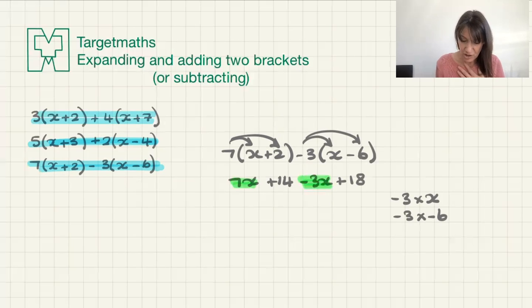Now I'm being told to take away 3. 7x take 3x is 4x. And then in my numbers, I've got 14 and I'm being told to add 18. So 14 add 18 is 32.